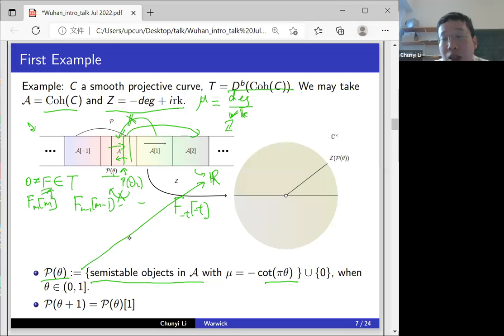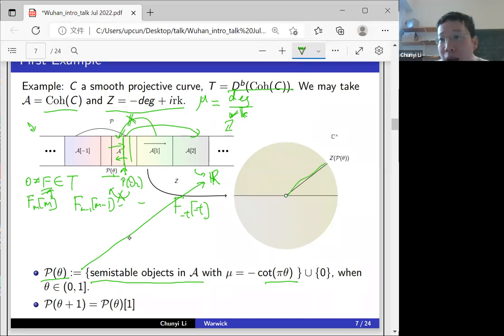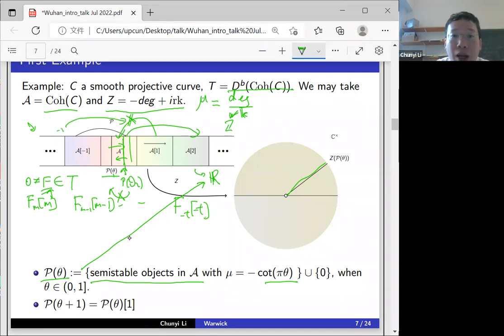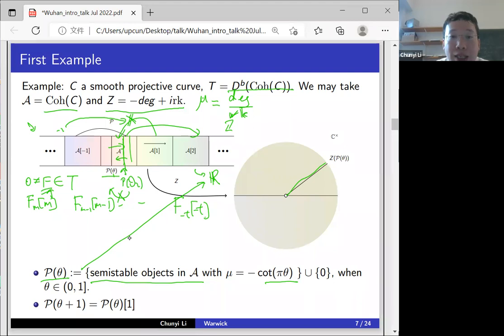Also, the compatibility of the central charge is more clear. The central charge maps the objects in each slice to a real ray with the correct argument, or angle, whatever you like. When you look at objects in this slicing going from, say, -1 to 1, the central charge of the object rotates along the complex plane by one circle.